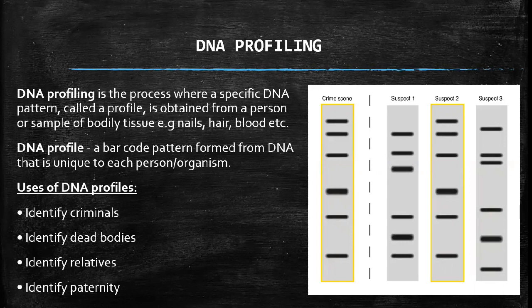Now, they take a particular DNA sample found from the crime scene, and then they take it to the lab to get the DNA profile. And then they arrest the people who are suspects, and they take their DNA samples as well, and then they get their profiles as well. And then after that, they compare.